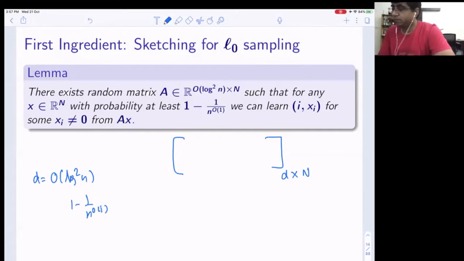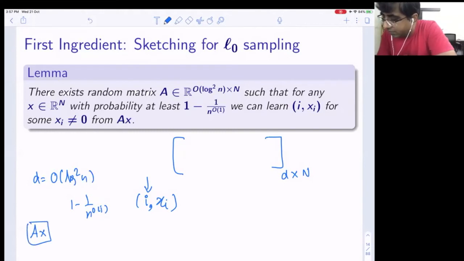So it will output one of the non-zero coordinates, which coordinate is non-zero and what its value is, with very high probability, with the help of Ax. So this is a long vector, and all we have is a sketch Ax.